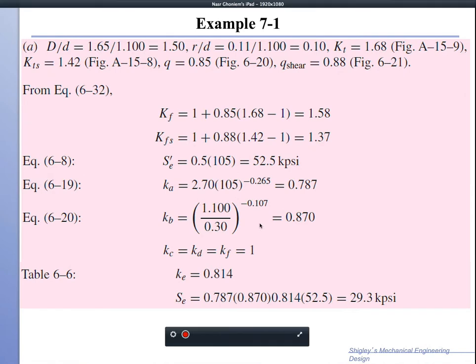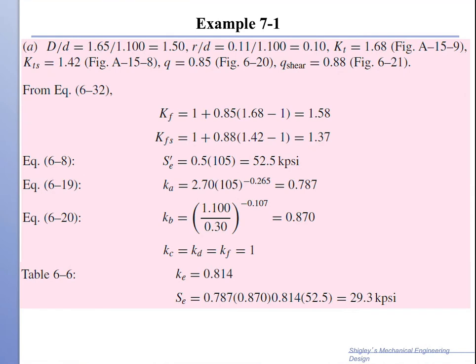So it's kind of a little bit long story, but we have learned it before, so we can go through it here. As you see, this is lowercase r over d, the fillet radius over lowercase d. With these two parameters, I'm able to go to figure A-15-9 and get the stress concentration factor under static loading, and the same thing under shear.